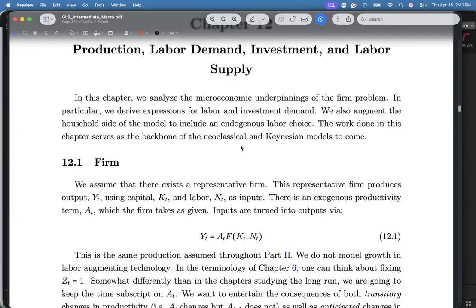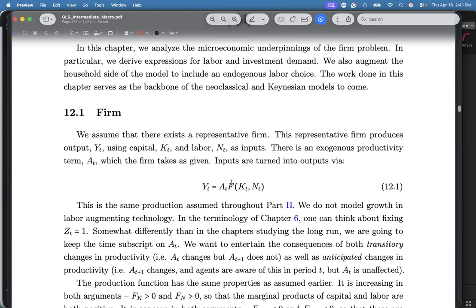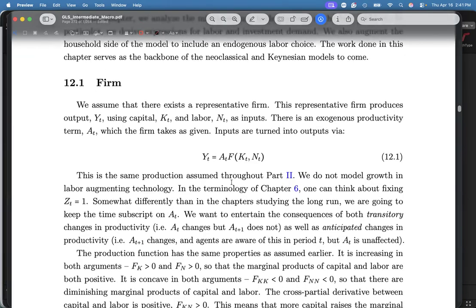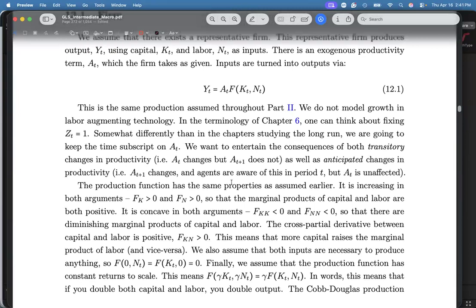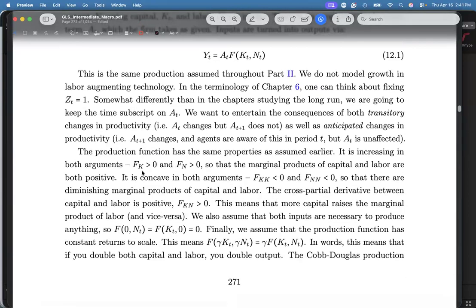Okay, so now we have a firm. We say that there exists a representative firm, kind of like in Solow again. This representative firm produces output Y using capital K sub t and labor N sub t as inputs. Everything that you learned in Solow applies here, all of the characteristics of the production function. So we're going to skip all of this.